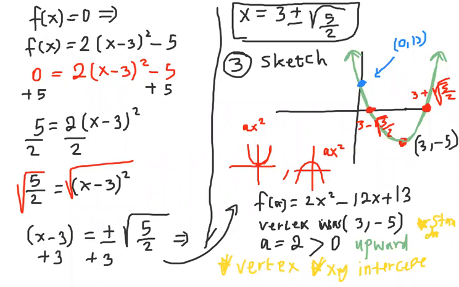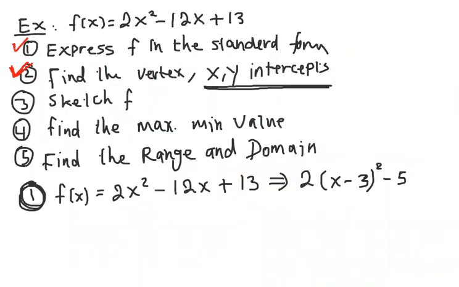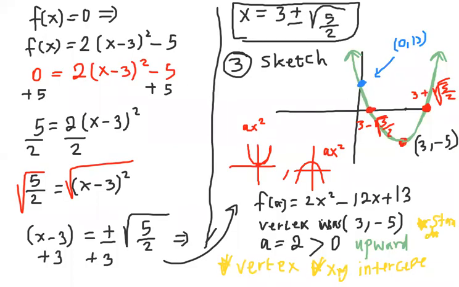Okay, let's go now to the fourth part here, number 4. Find the maximum and minimum value. So again, to find the maximum and minimum value, like I said last time, if you go to your notes from last time, from the standard form, I can find the maximum and minimum value.